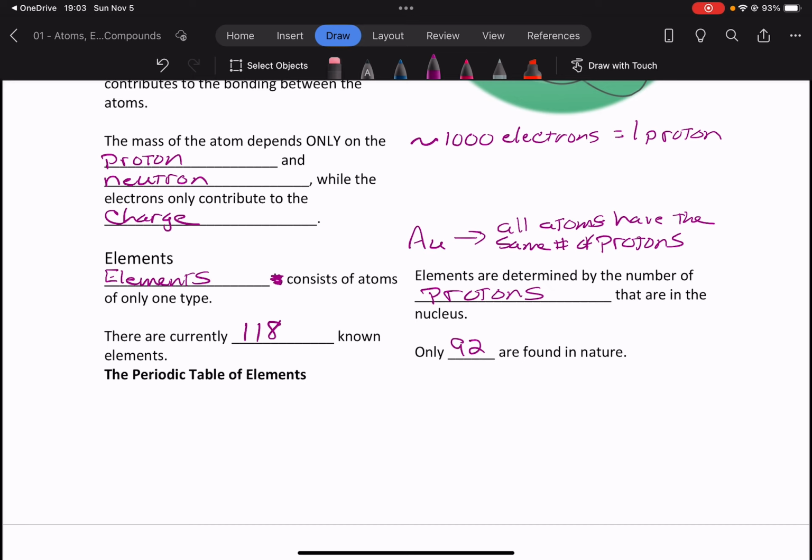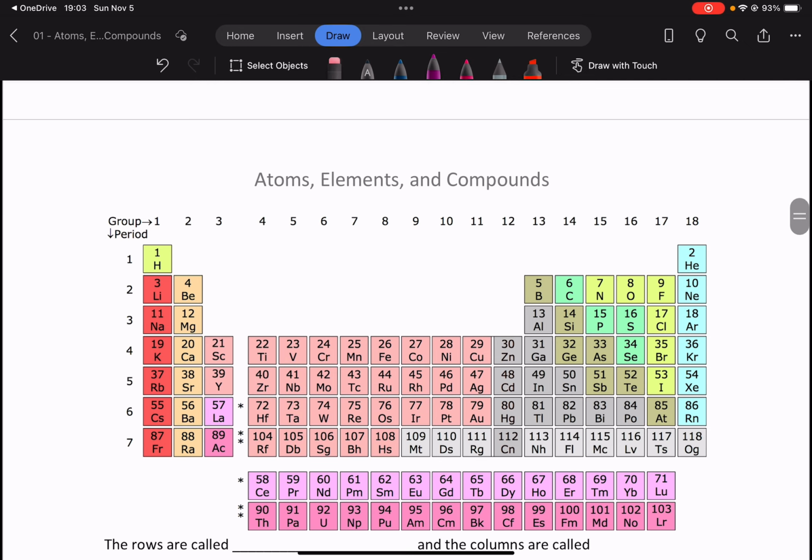If you look at the periodic table, everything starting with hydrogen, going all the way to uranium, can be found in nature. Anything outside that, like plutonium, americium, californium, einsteinium, and so on, is no longer found in nature.